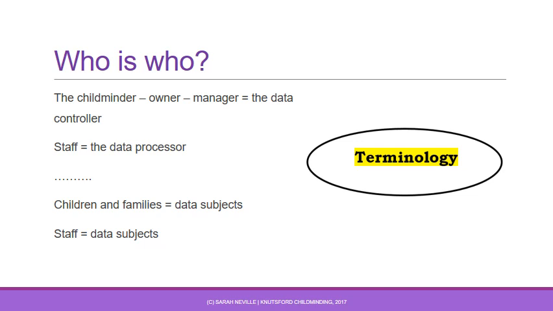Children and families are the data subjects. They are the subject of the data we're processing. And when we're talking about staff data, you become the data subjects. The childminder, the owner, the manager control data about you.